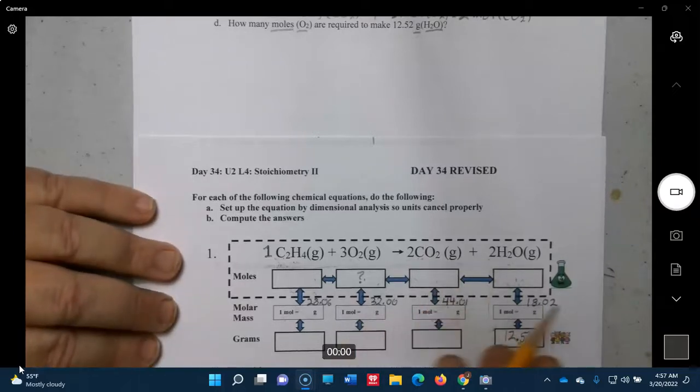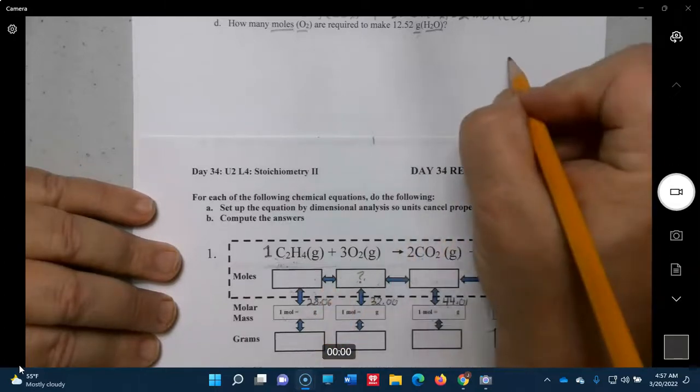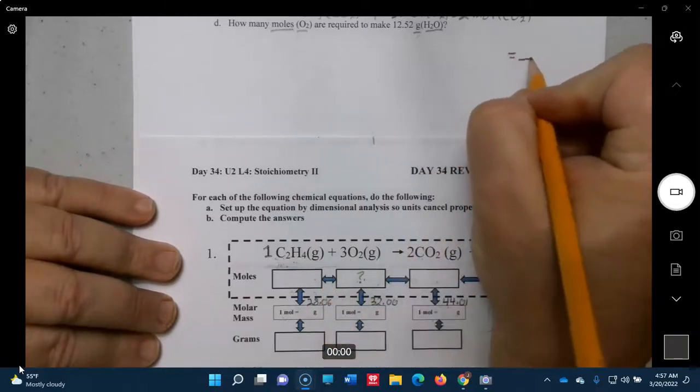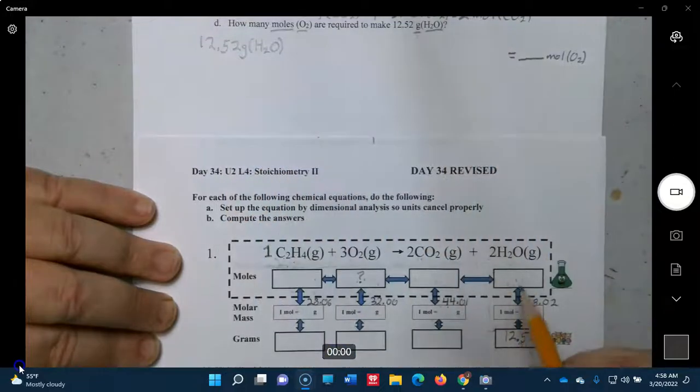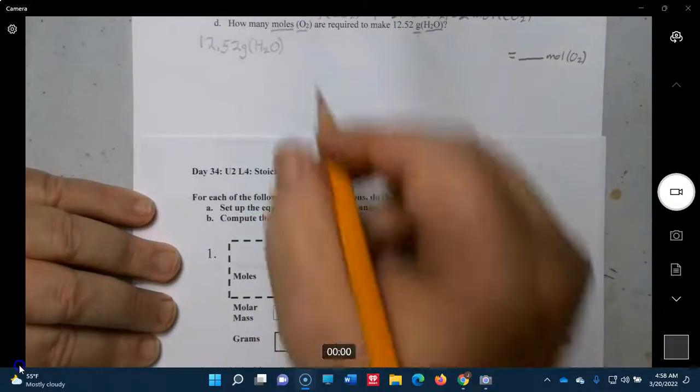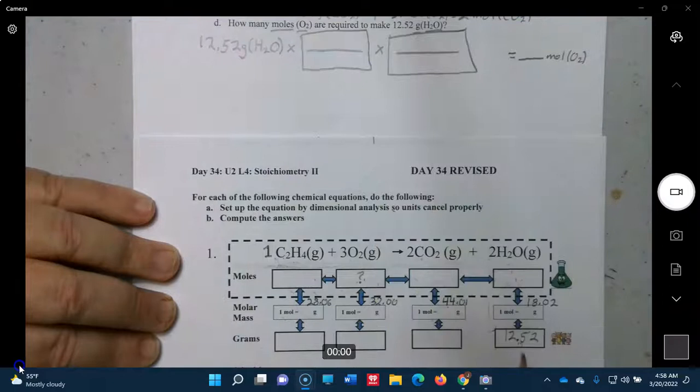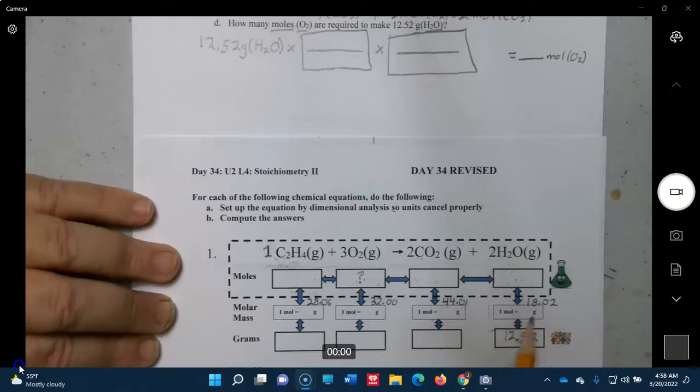So let's first of all write out our equation. So what we're trying to find is moles of O2. So it's going to be way over here on the right. And what we start with over on the left. It's a 2 conversion problem, 1, 2. All right, so now we say the first conversion, first equivalency we need is the molar mass conversion here.